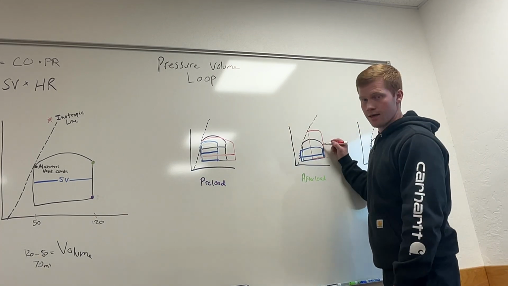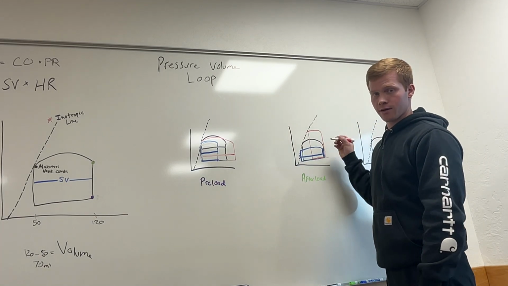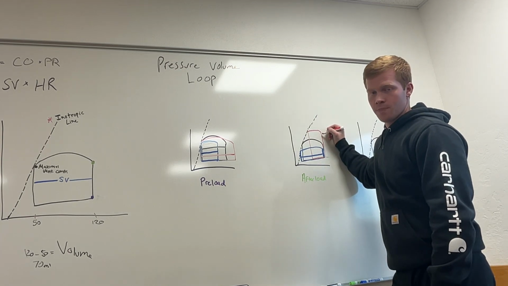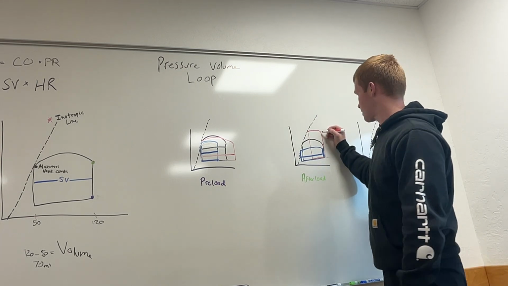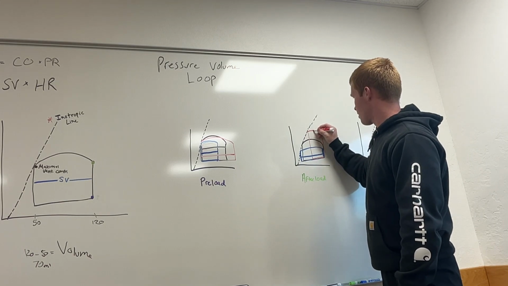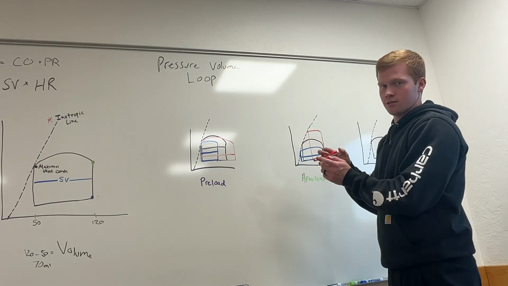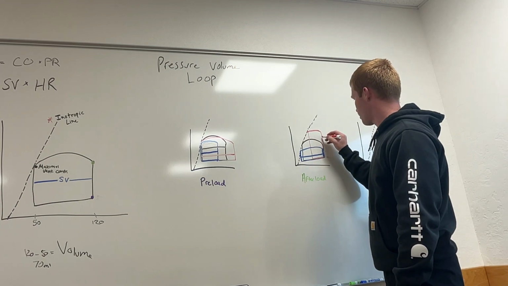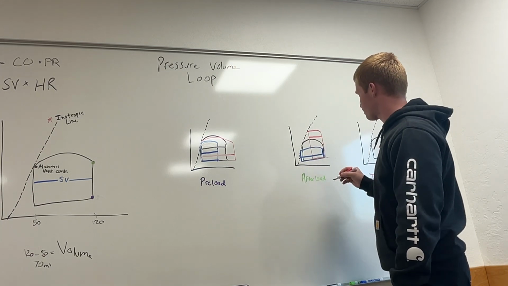With increased afterload, it's having to overcome a greater resistance, so more energy is being spent on overcoming this resistance, that it has less energy to contract and push the blood out, so we end up pumping less blood out of the ventricle.